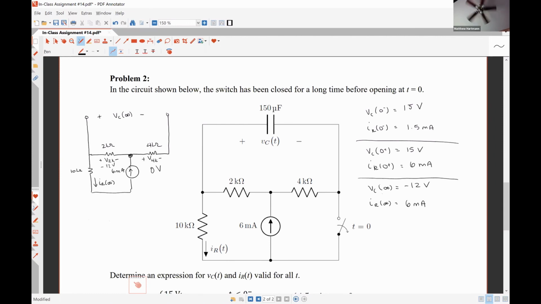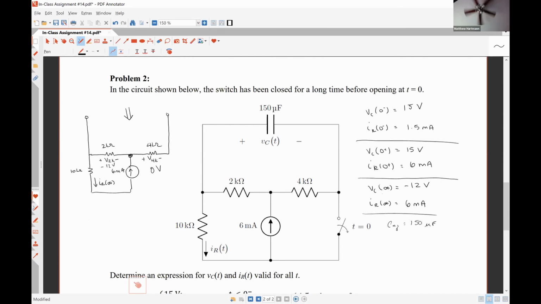Okay, what we need to do now is figure out what the time constant is, which is going to require us to know CEQ, which should be pretty easy because there's only one capacitor. So I'm going to go out on a limb here and say that's 150 microfarads. And then we're going to need to determine REQ, the equivalent resistance seen from the perspective of the capacitor.